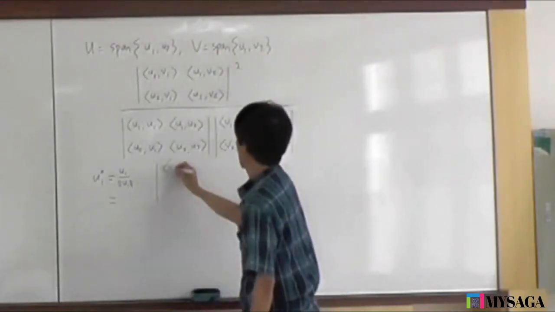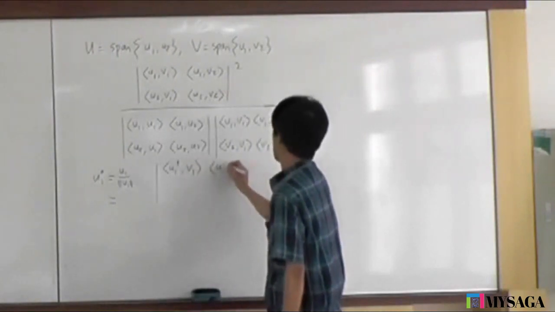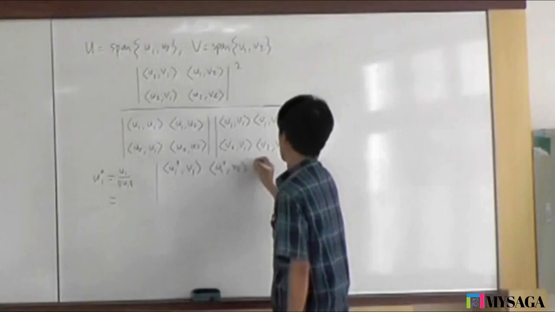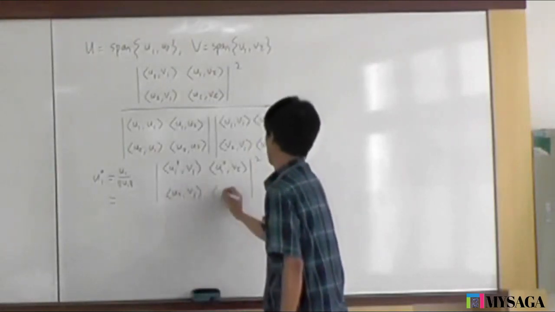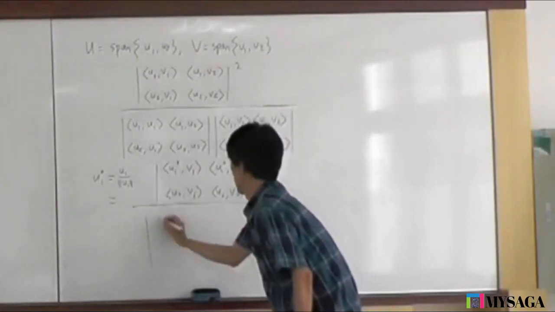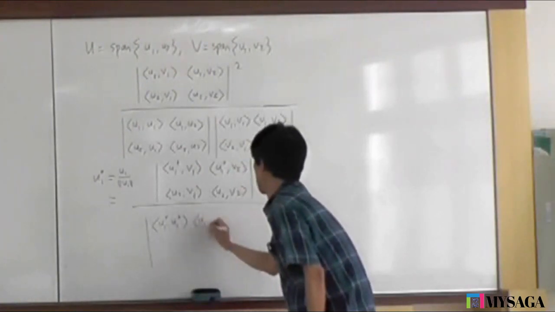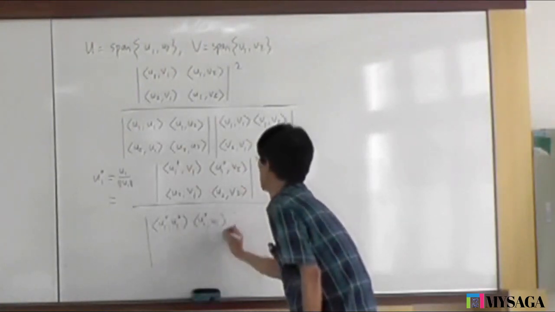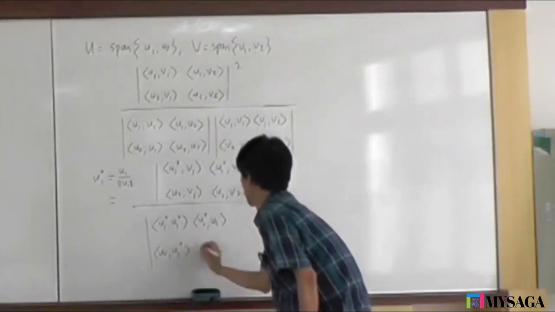Now I can write U1 star V1, U1 star V2, squared, U2 V1, U2 V2, and then here U1 star U1 star, U1 star U2, U2 U1 star, U2 U2.